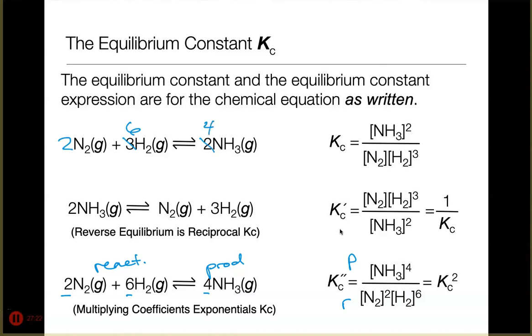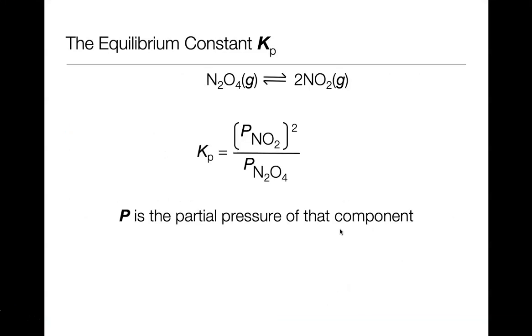And so as you see here, I'm multiplying it by 2. Products, it's now written to the 4th. My reactants squared and to the 6th. Again, take-home message. You are writing the K expression for exactly what you have written as your balanced chemical equation. And hopefully it goes unnecessary to say that it has to be based on a balanced chemical reaction.